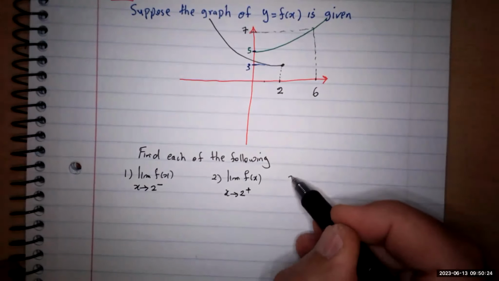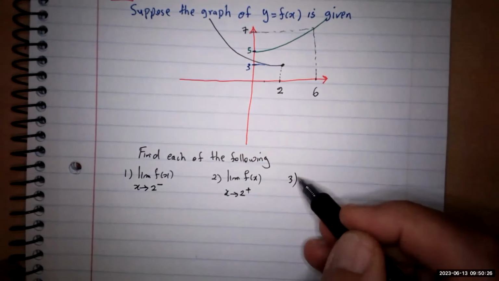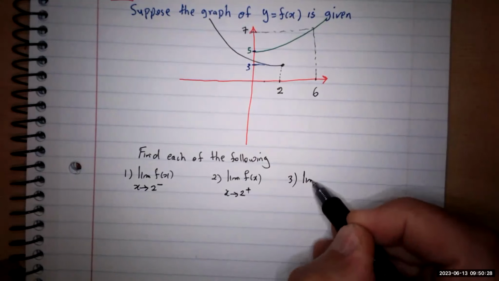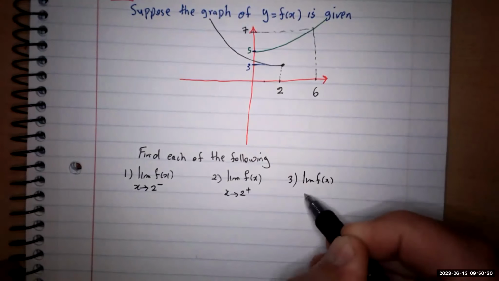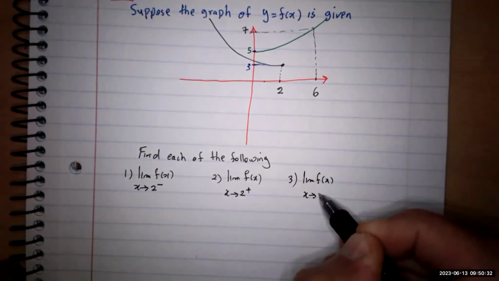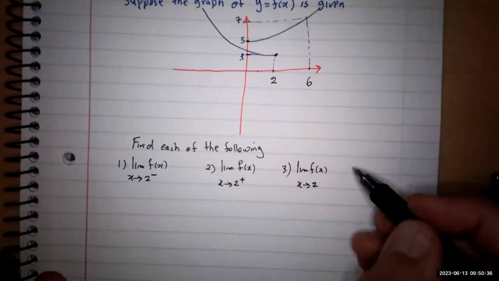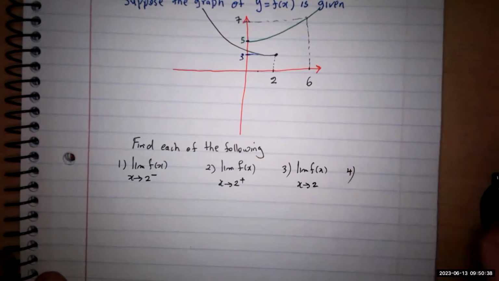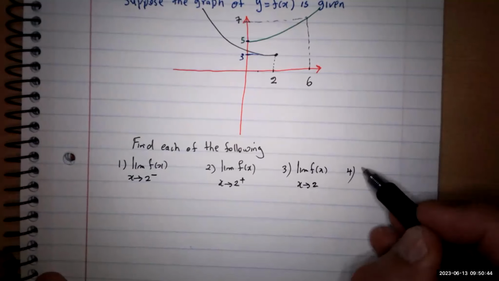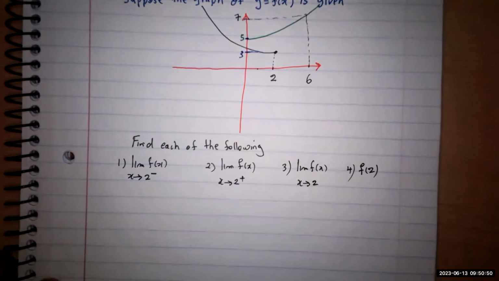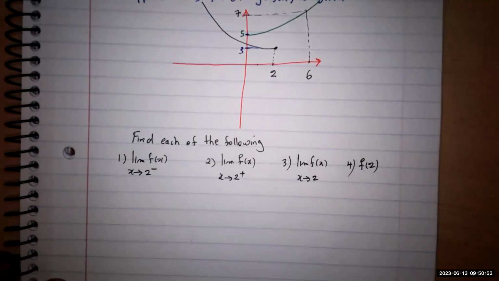Then the third part would like you to get the limit of f of x when x goes to 2. And the last parts are number 4, where I would like you to find what is f of 2.